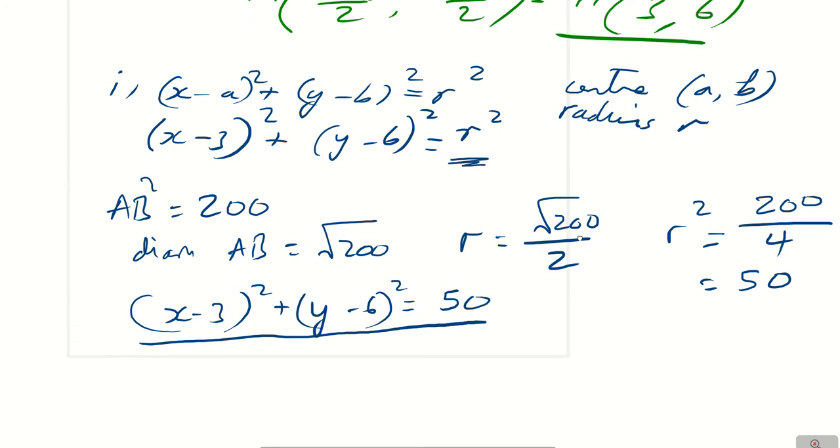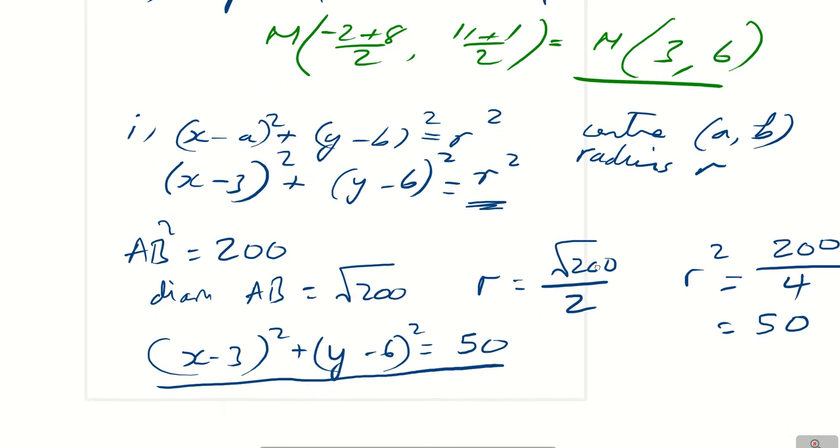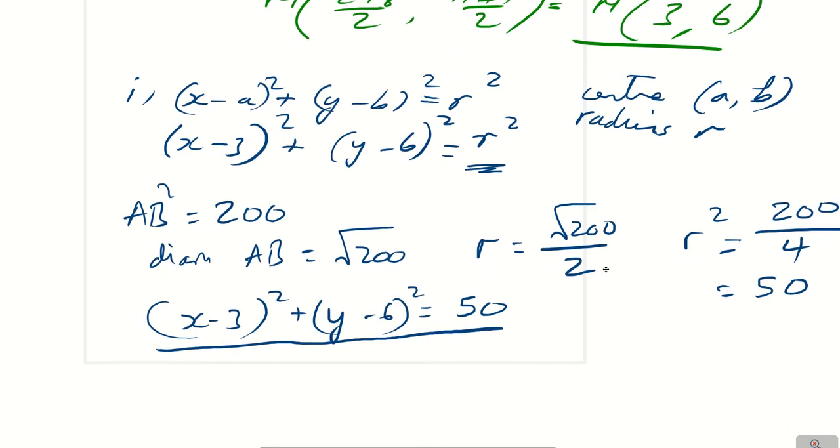So, part C, verify the point 10, 7 lies on C. Well, all we're going to have to do is substitute x is 10 into the equation and substitute y equals 7 into the equation, and hopefully then the left hand side there should equal 50.